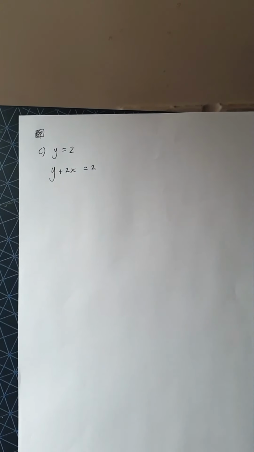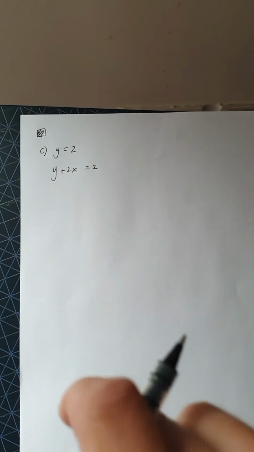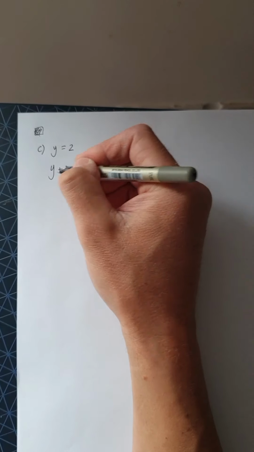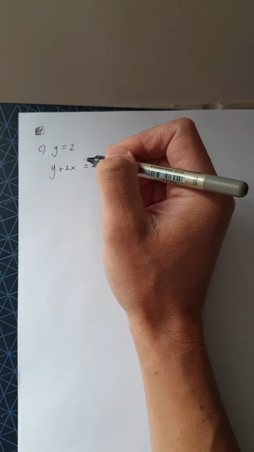Okay, so simultaneous equations is not required for this one. We've got the y coordinate is y equals 2. We're just simply going to sub that in and solve it for x.